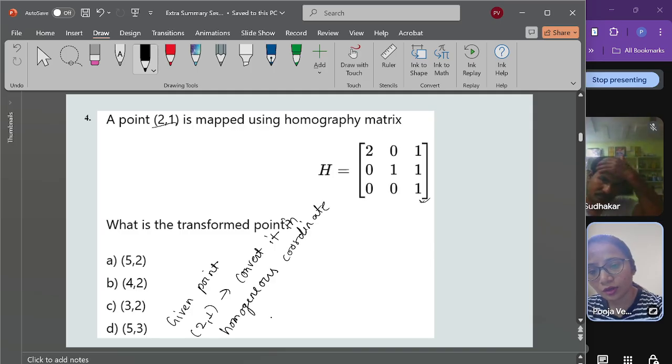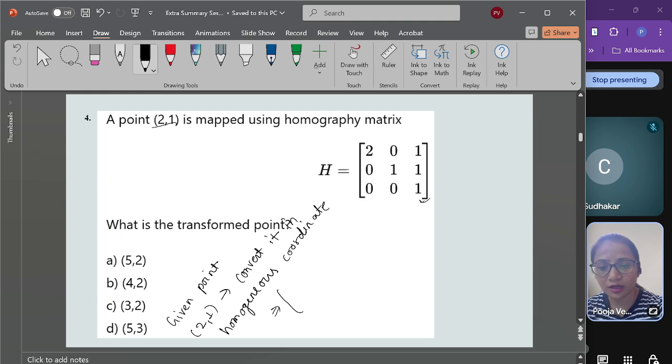What will you get after converting to homogeneous coordinates? Can you tell me? We are just adding 1 as a third coordinate. Okay, and the homography matrix is also given. Now how can we transform it?